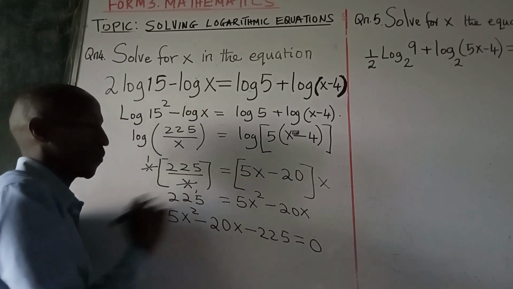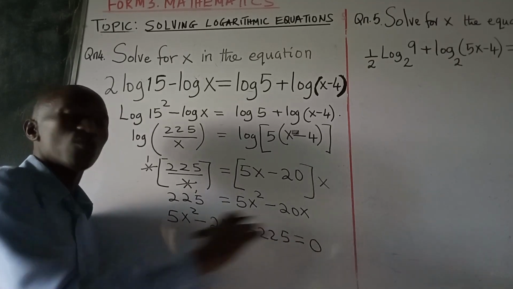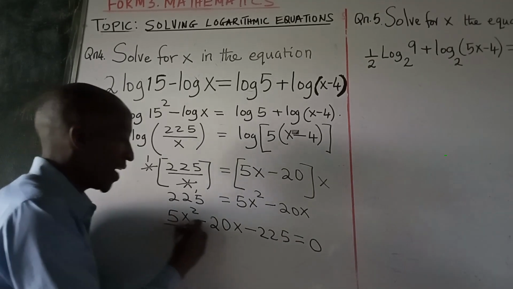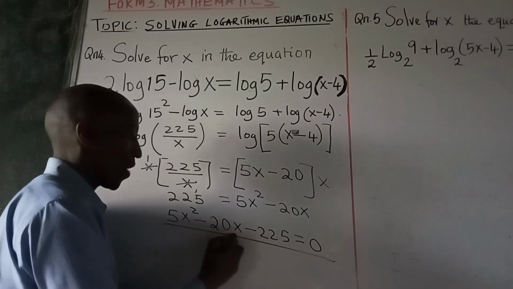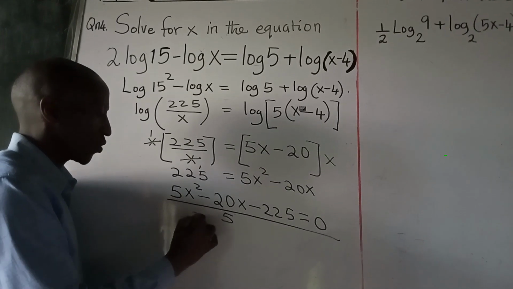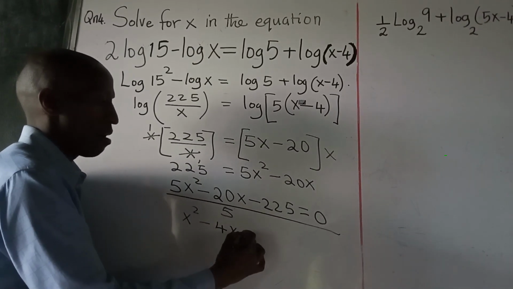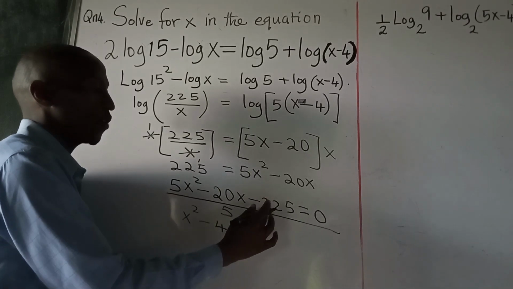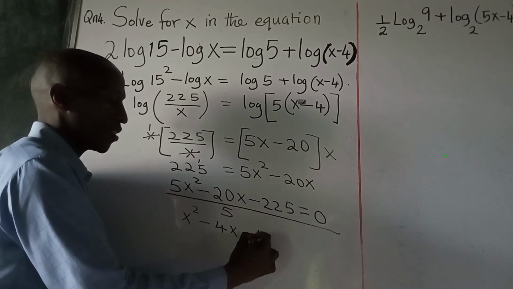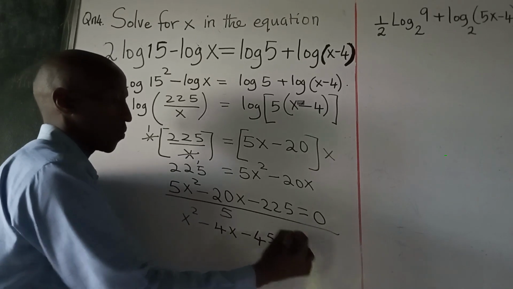We may simplify the entire quadratic equation by dividing throughout by 5. And what did we get? We get x squared minus 4x minus 225 divided by 5 gives us 45 is equal to 0.